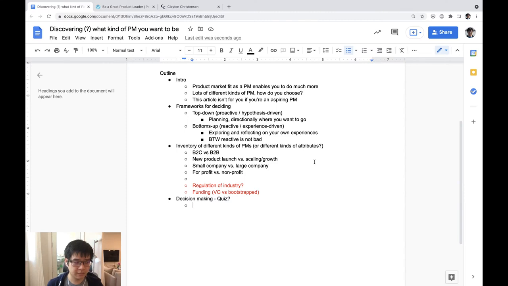I think what I want to do here is call out a couple of contrasts between these two roles in terms of a spectrum, right? And so what I want to do is make this feel a lot more binary for each of the different attributes, almost like the Myers-Briggs personality test, right?